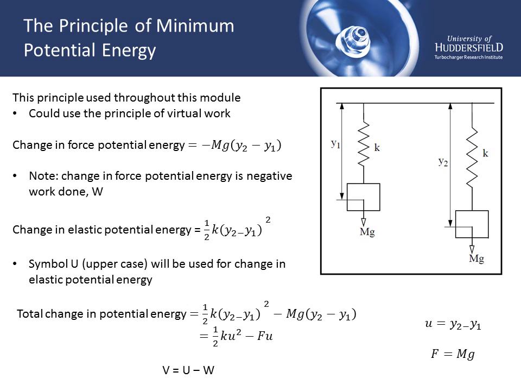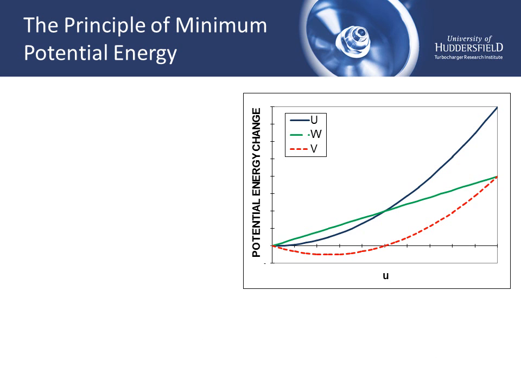and we can also write that simply as the change in potential energy, so I'll use uppercase V for the total change in potential energy, equals change in elastic potential energy minus work done. If we put some numbers into those equations and plot the results out, then we'll get a graph that looks something like this.